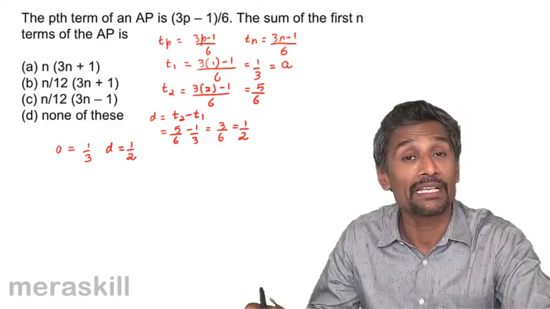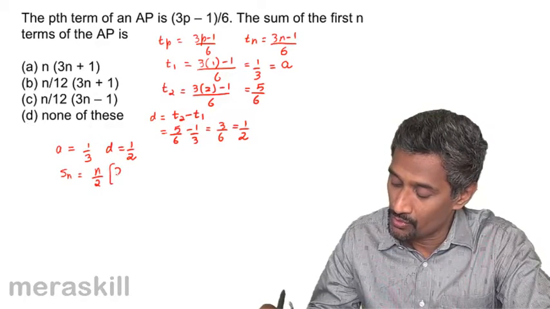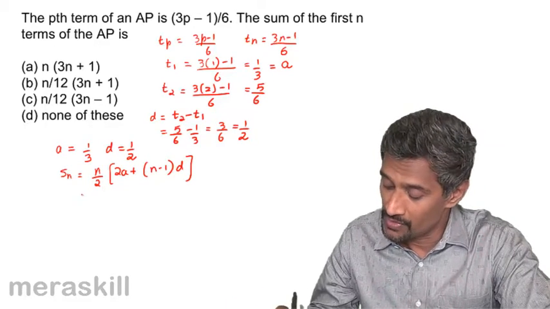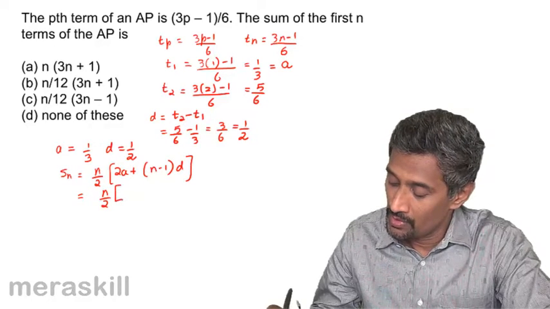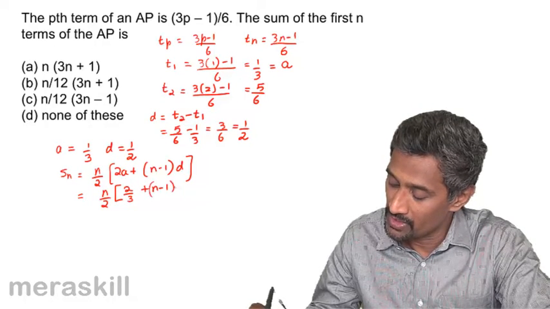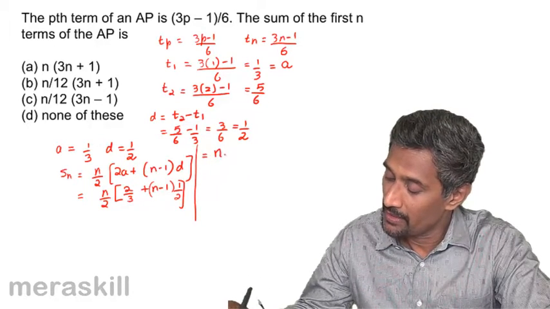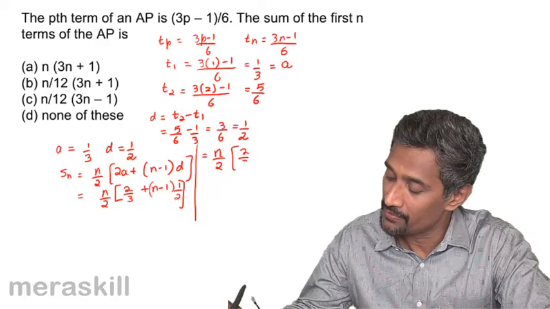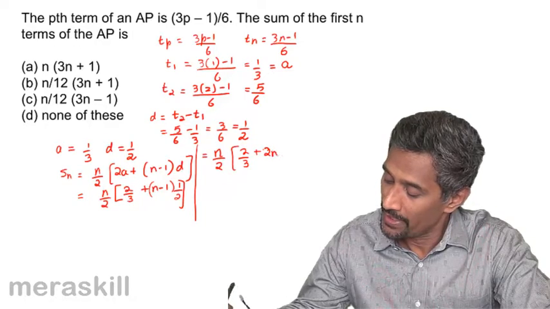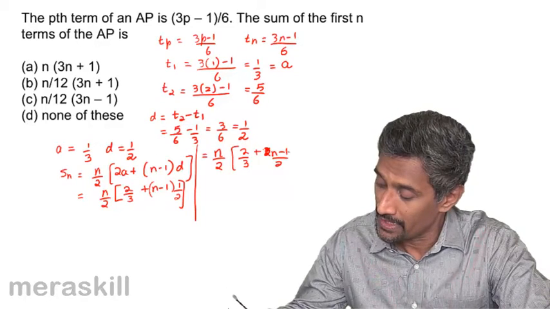And you have been asked to find Sn. Sn we know is n by 2 into (2a plus (n minus 1) into d). Hence, if you simplify, you get n by 2 into (2a is 2 by 3 plus (n minus 1) into d, which is half). We need to simplify this, which will turn out to be n by 2 into (2 by 3 plus (n minus 1) upon 2).